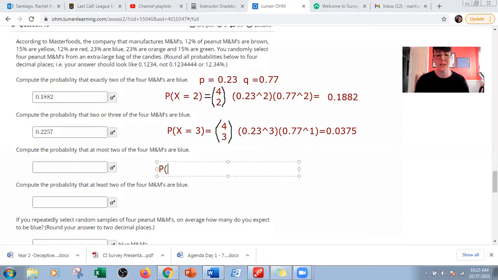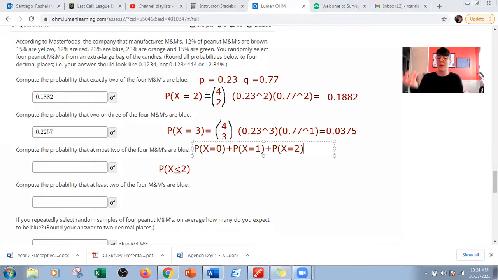So we want the probability that X, the number of M&Ms, is at most 2, which means that's going to be less than or equal to 2. I'm going to write the equal to by hand because of this software, of course. So less than or equal to 2. That means we want the probability when X is 0 plus the probability when X is 1 plus the probability when X is 2. We want all of those. We have one of them already, but we didn't do the 0 or the 1. So those are the ones you'll have to do.